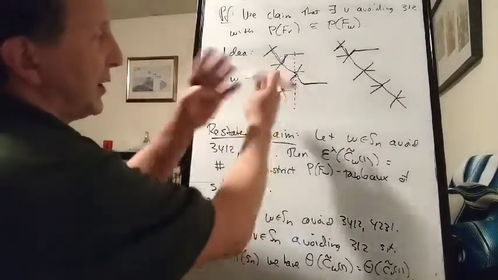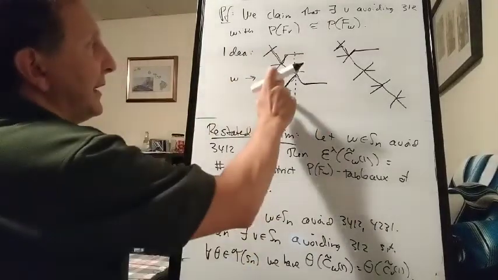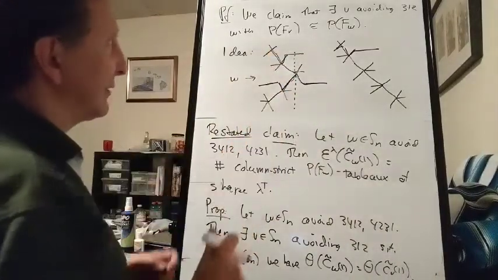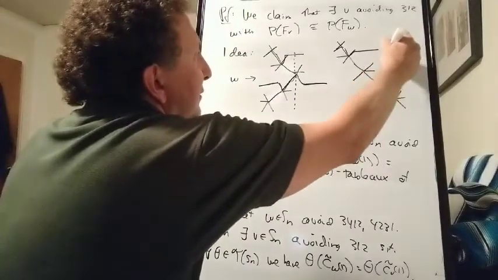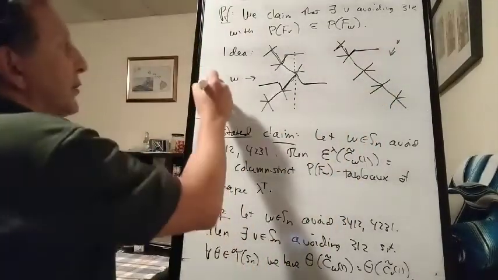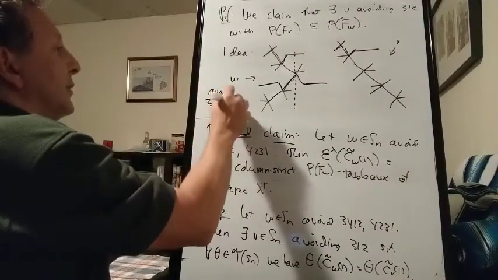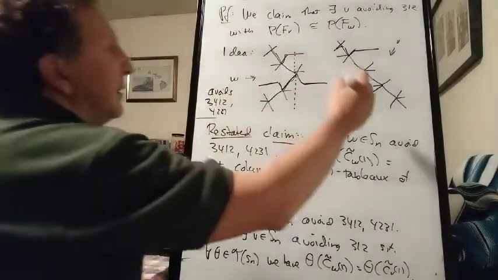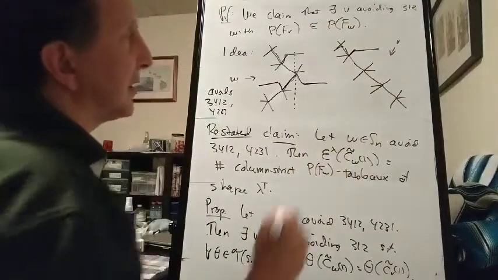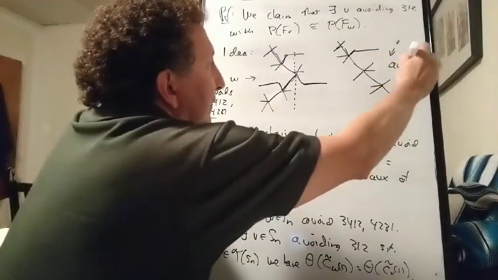We're just writing the paths backwards. And the intersections between paths stay exactly the same. So this is for V. And this one is W, which avoids 3, 4, 1, 2 and 4, 2, 3, 1. And V, because we get a descending star network, avoids 3, 1, 2.